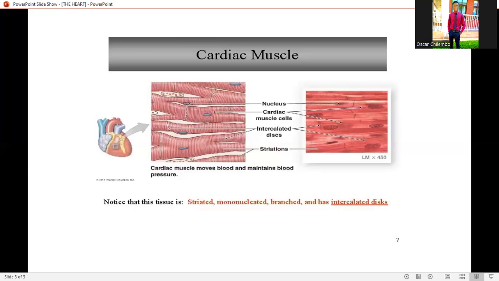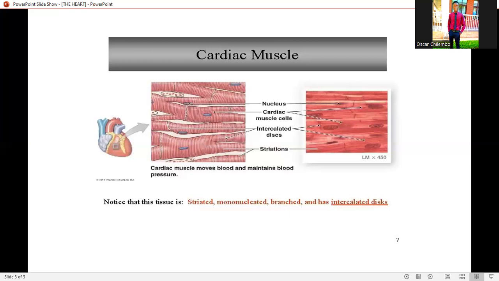Okay, remember dual circulation. Either this blood is going to go to the lungs via the pulmonary artery, when it is moving from the right ventricle, or to the entire body via the aorta, if the blood is being pumped from the left ventricle.